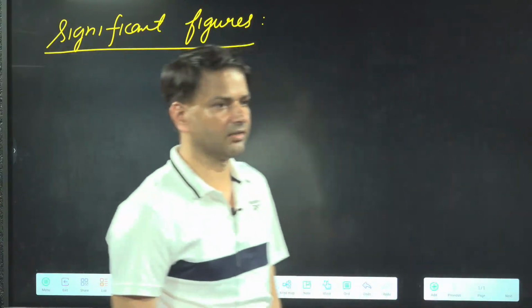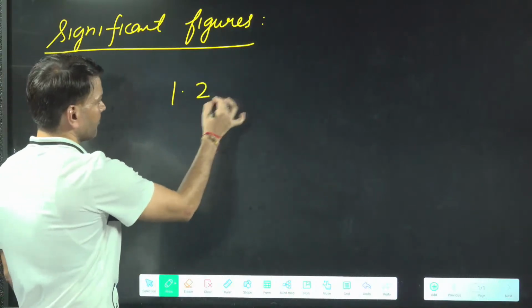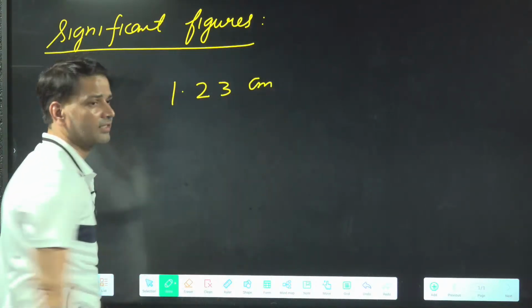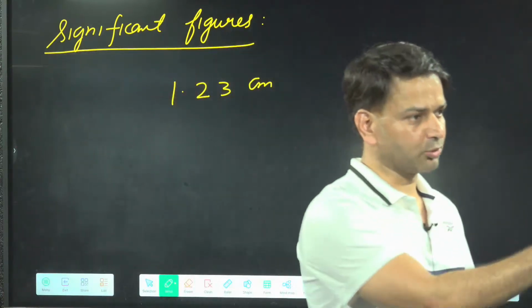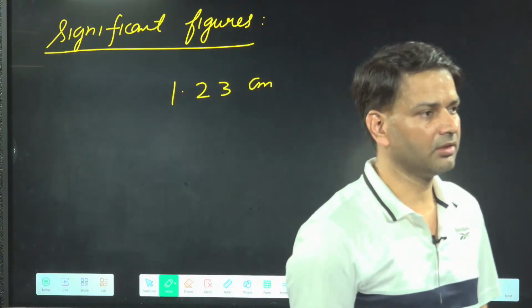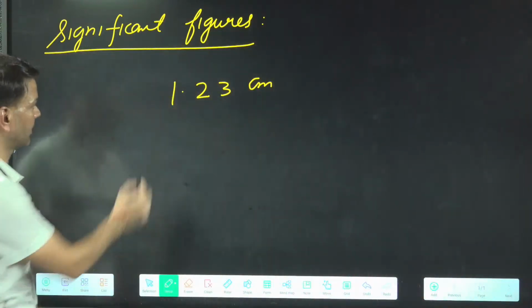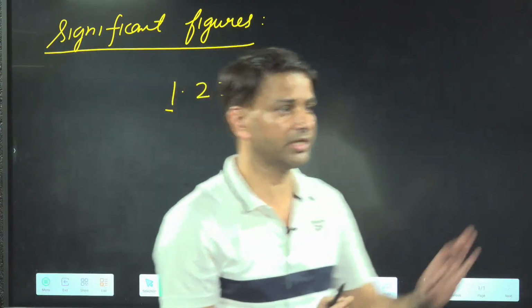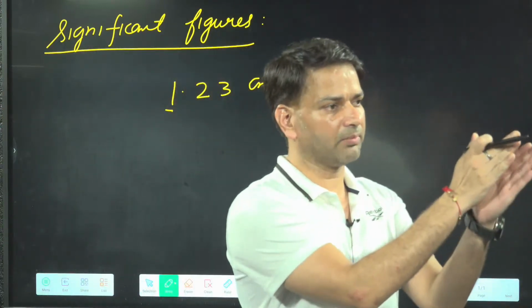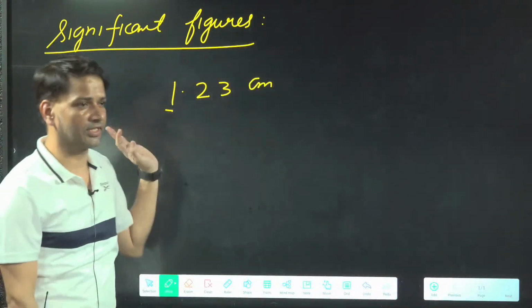In any data, suppose I am writing any length I measure as 1.23 centimeter. So I measure up to the second decimal place of the centimeter. Everybody can say this is certain if we observe the reading properly: one big division has crossed, then two small divisions have crossed.